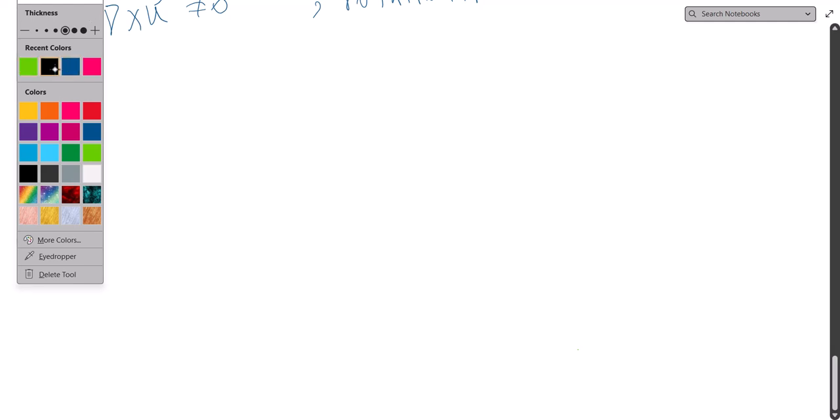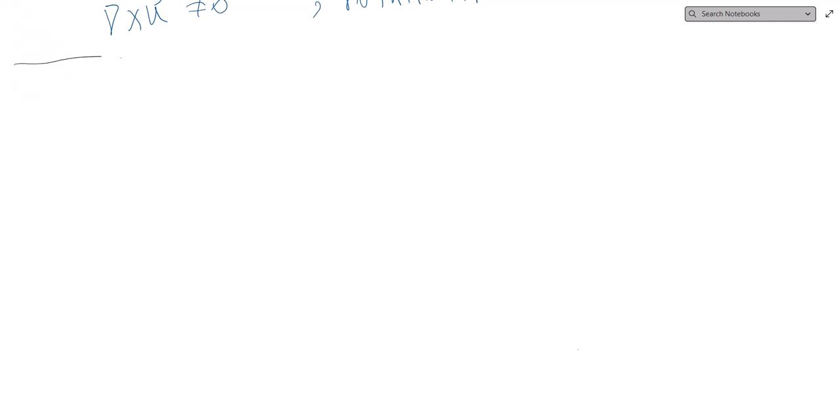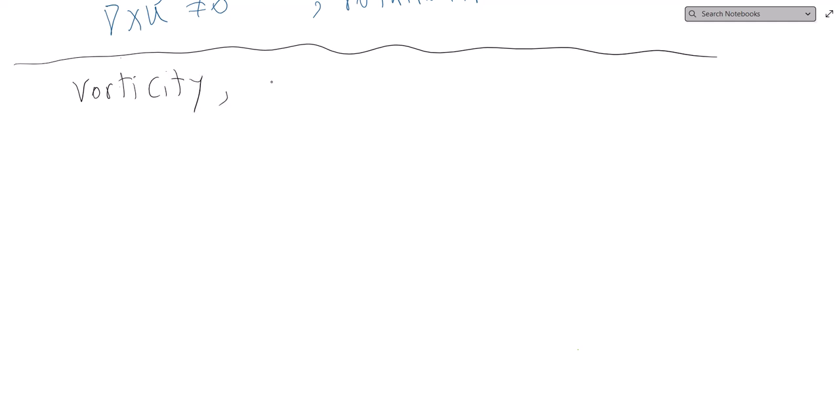To summarize what we have discussed so far, we discussed that the vorticity is the curl of velocity, which in index notation we can write as permutation symbol epsilon ijk uk comma j.